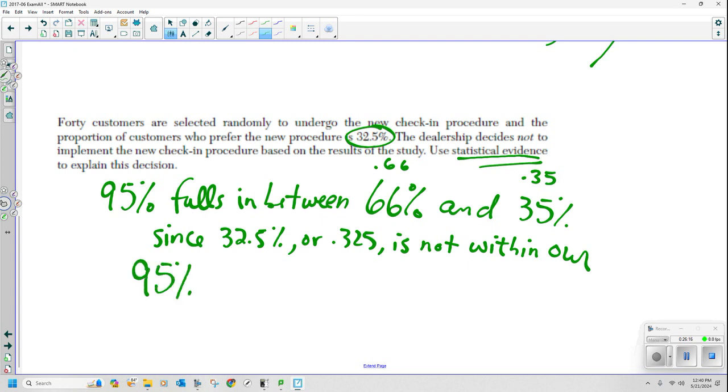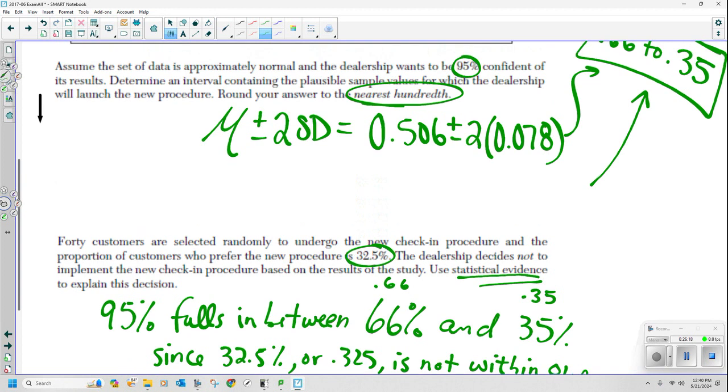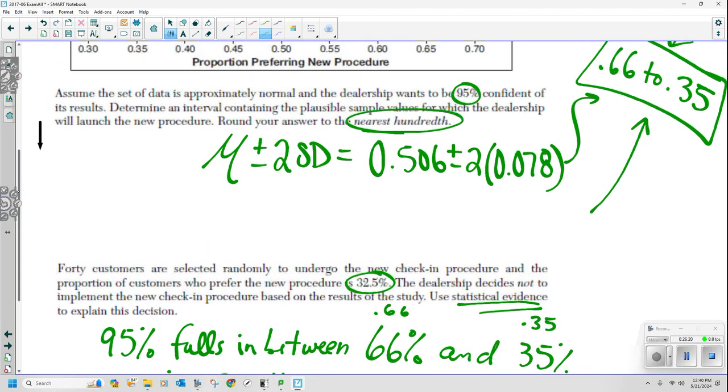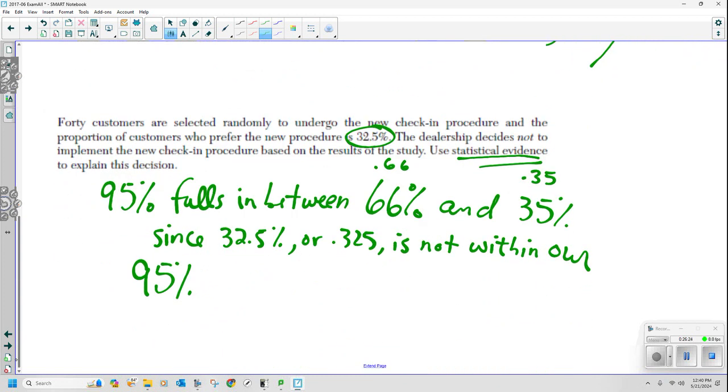That's called a confidence interval. What do they call it up here? 95% confident. It's a confidence interval. That's why they're deciding not to do it. Okay, 95% falls between these two percentages. The percentage they got is not in that 95% confidence interval. So that's why they're not going to do the new check-in procedure.